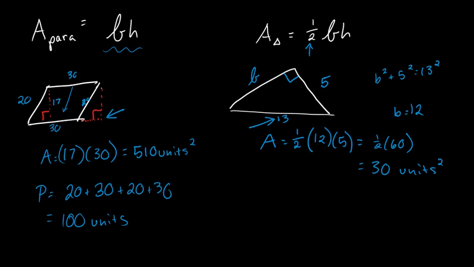Okay, I want to work through one last example. This one will be a little bit of a word problem. It states, this is example 2 on page 722, the base of a triangle is twice its height. And the height I'm just going to mark as h.